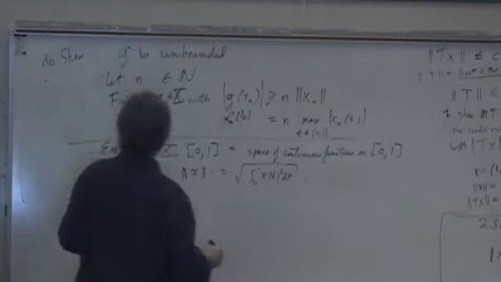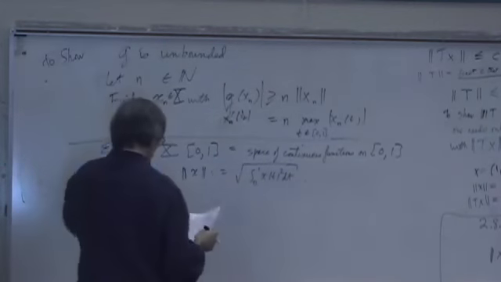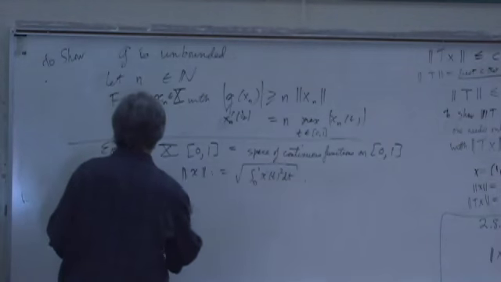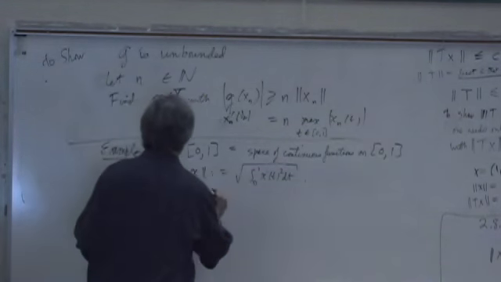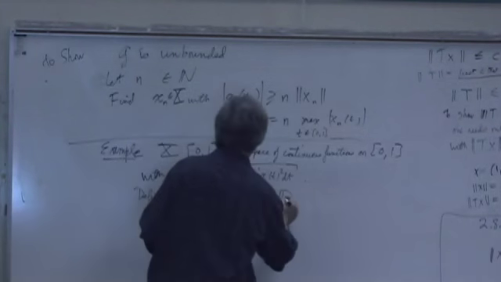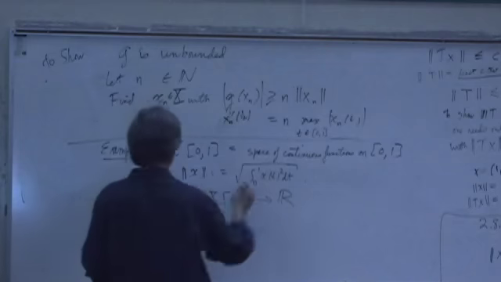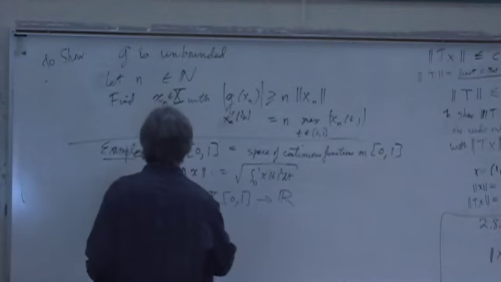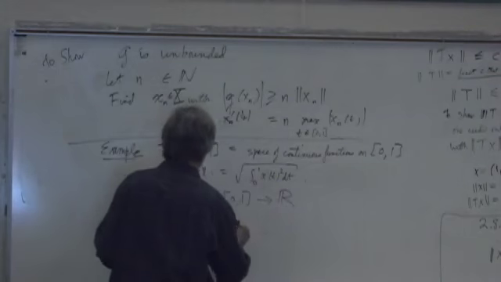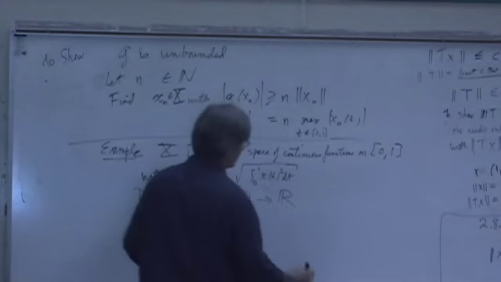And then define f, the linear functional f, from X01 to R. I'll just take the real value of continuous functions by f of x is equal to x at 0. That's a linear functional.